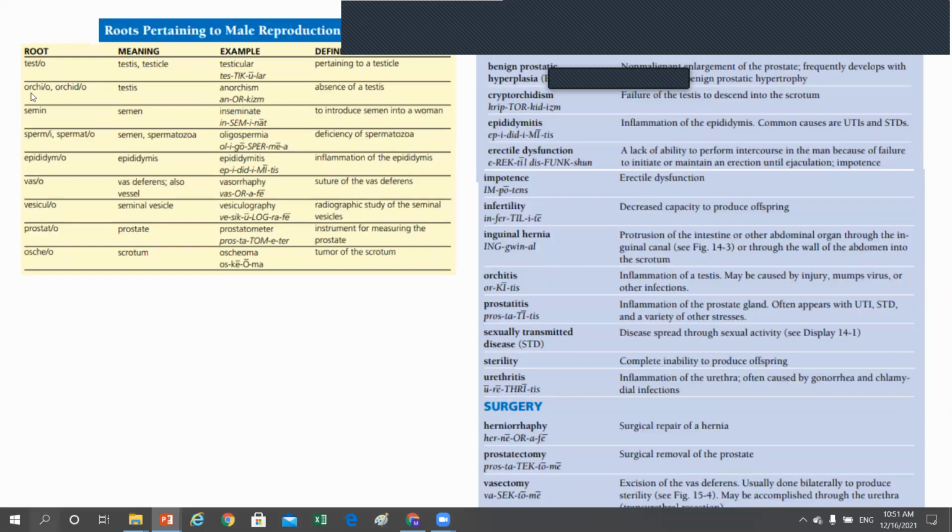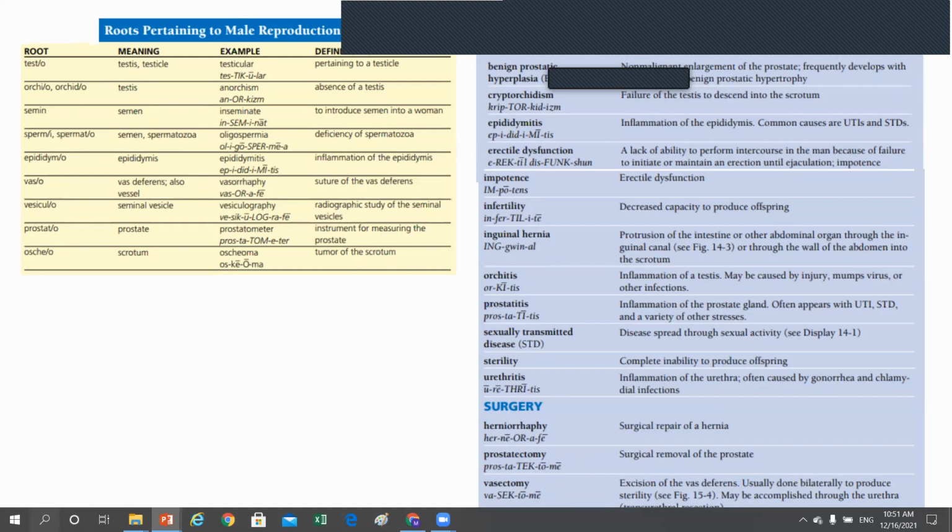The second term, as we have seen previously, is orchi or orchido; anorchism is the absence of the testes. As we have talked earlier, the testes develop in the abdominal cavity and then descend into the scrotum before birth.